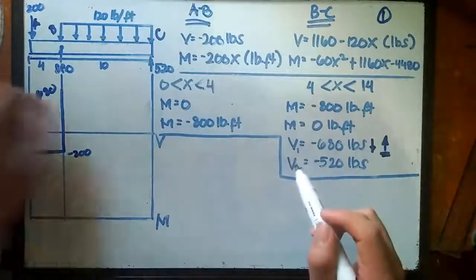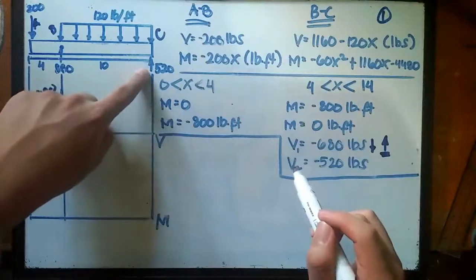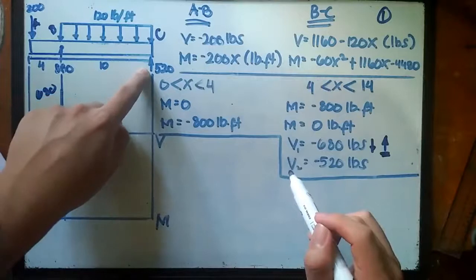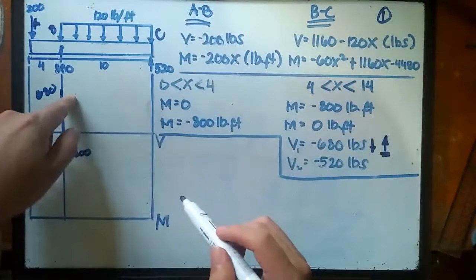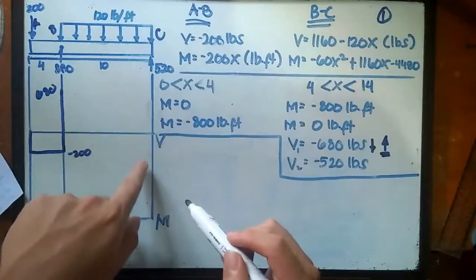Since all the way from B to C we have this upward direction of 520 at support C, from this point 680 we are going down 520 all the way to this point.